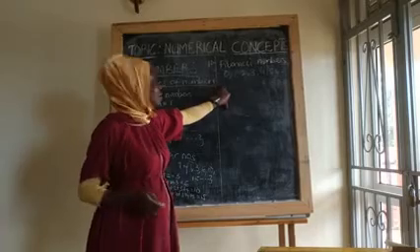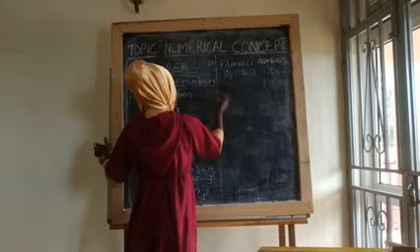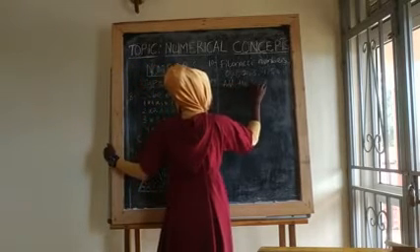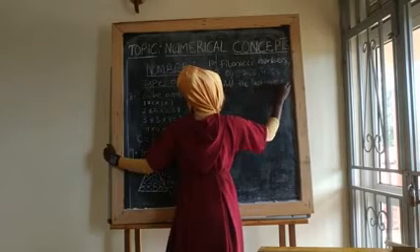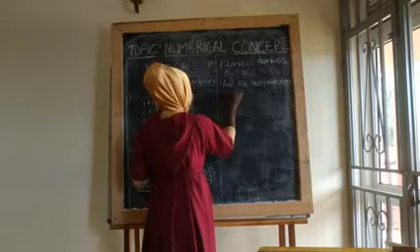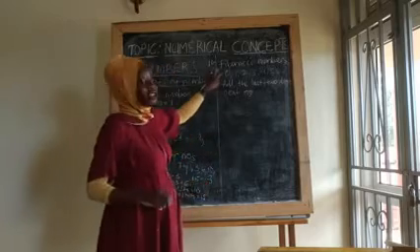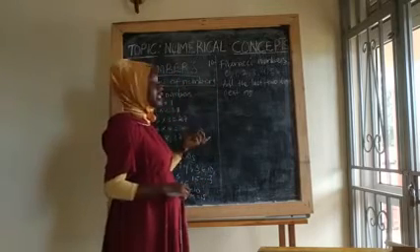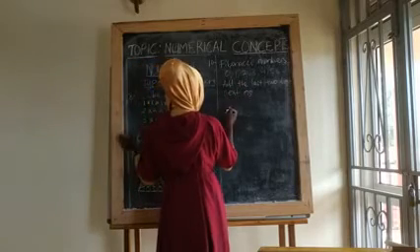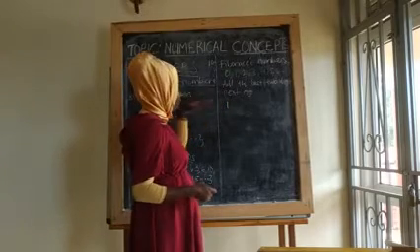Now, to get Fibonacci numbers, we simply add the last 2 digits to get the next number. So, if this is a set of my whole numbers, when I get 0, my first number will be 1. 0 plus 1 gives me 1.